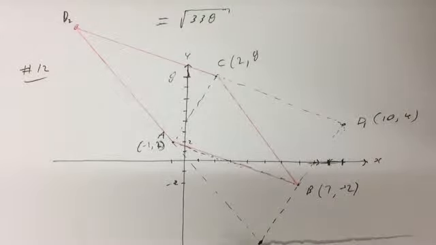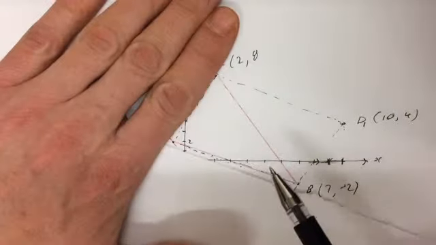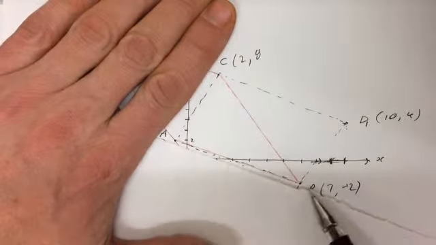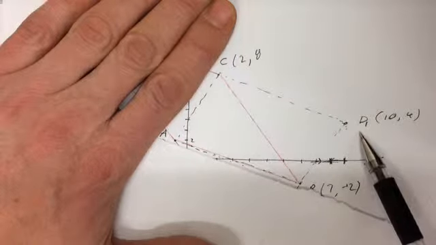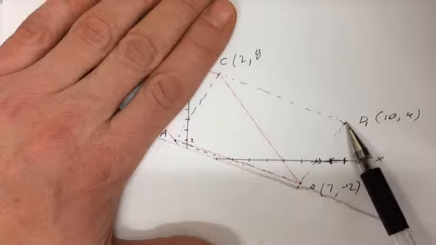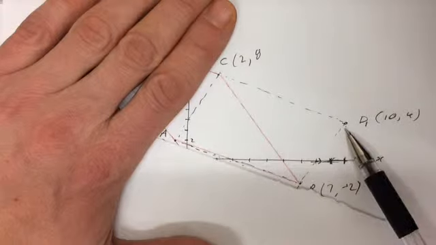The first parallelogram that I've got is the one that you see here with A, B, D1, I call this, and C. So I've plotted a point over here to make a parallelogram. This side here needs to be parallel to this.